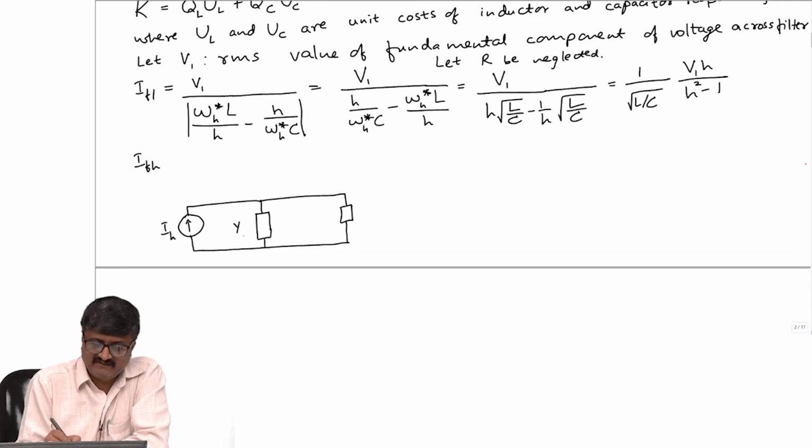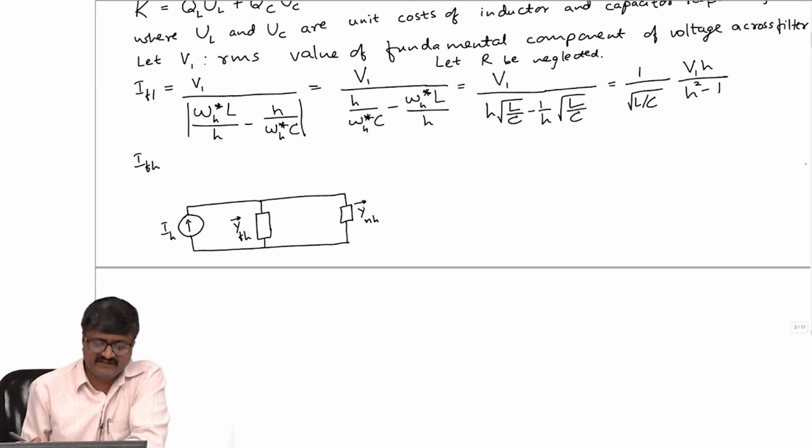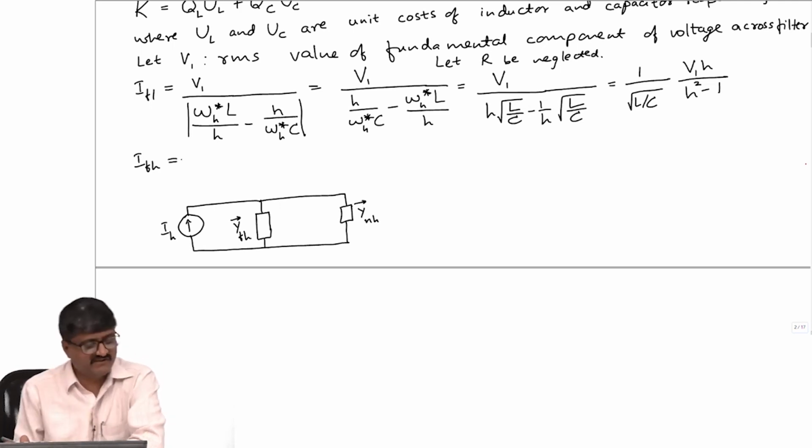Then the filter has an admittance Y of H at the harmonic frequency. Now we are considering only harmonic frequency. The network has an admittance YNH. So can I write IFH in terms of IH, YFH and YNH? So what is IFH in terms of IH?